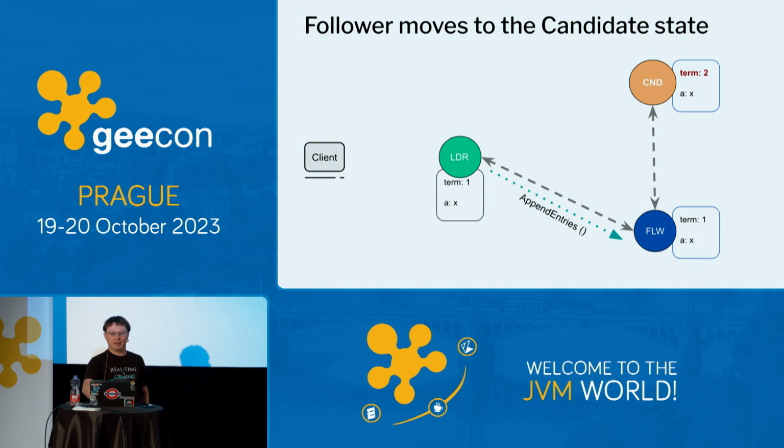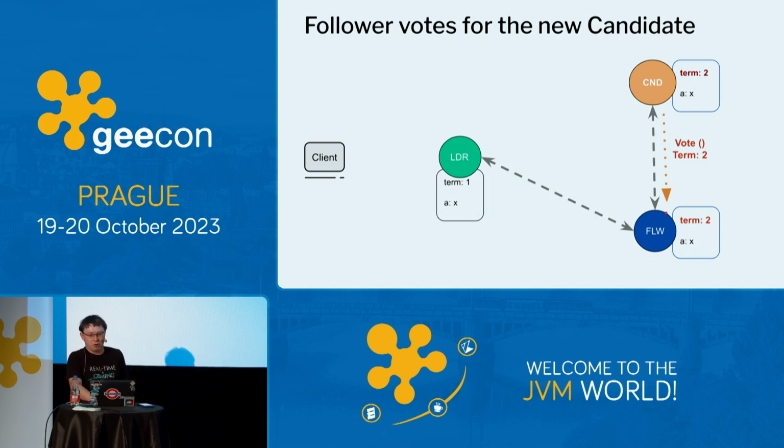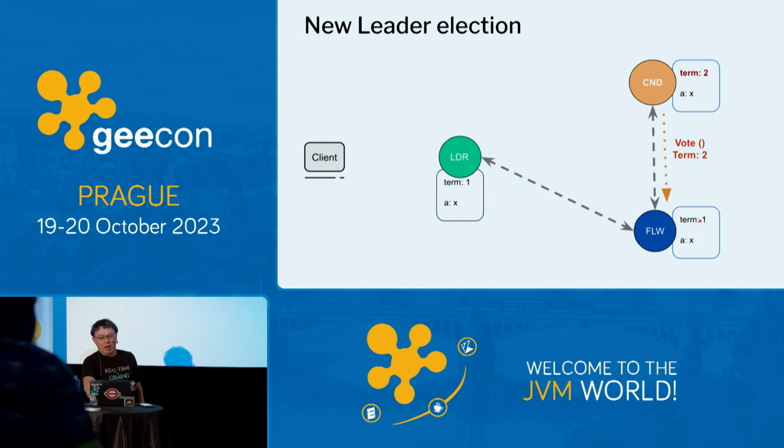It will nominate itself as a candidate, increase its Lamport logical clock, so it is term 2, and send the vote request to the other members. The available member is this follower, so the candidate will send the vote request to it. This follower will receive the vote request and compare term number 2 and term number 1.